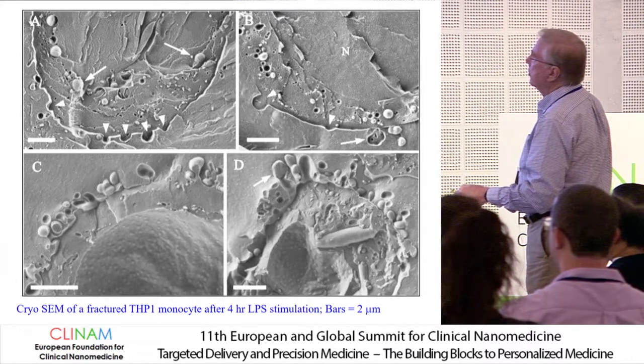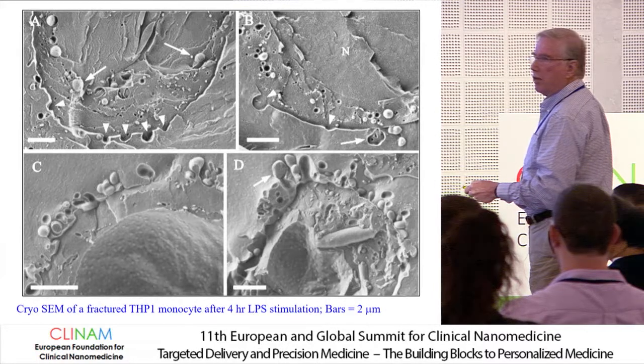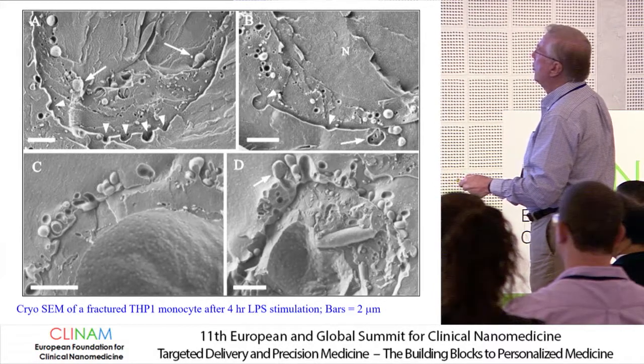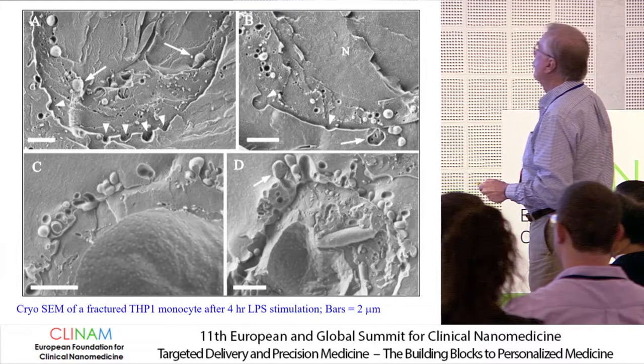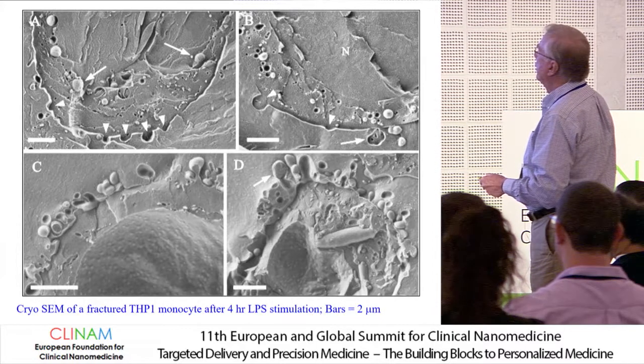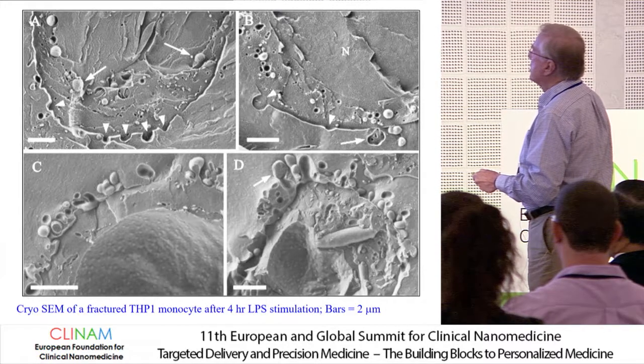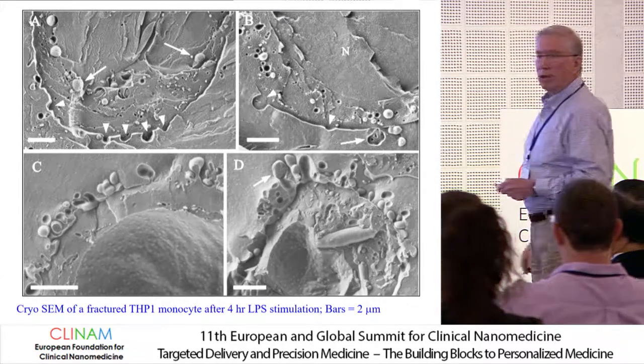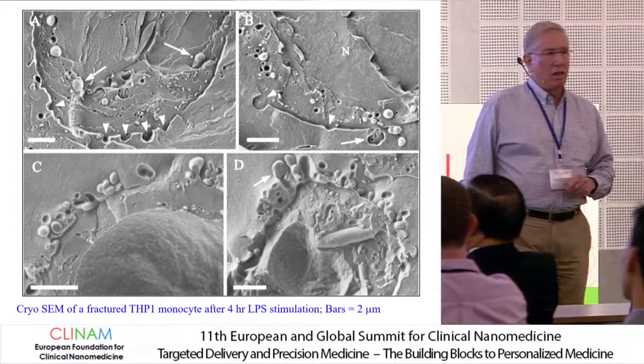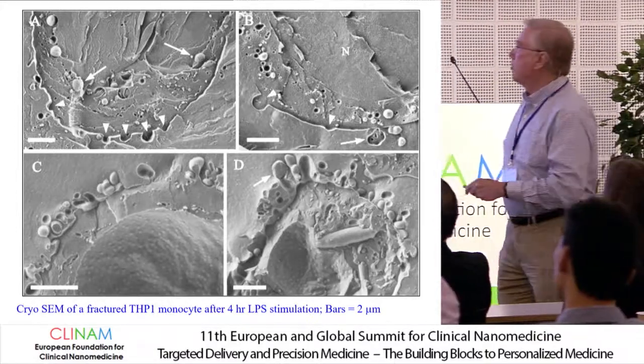And look at this here. These are the blebs, the extracellular vesicles in the process of forming. In fact, here is one that is almost completely formed, and on the outside, you can see some that already have left the membrane. So we are able to capture it.